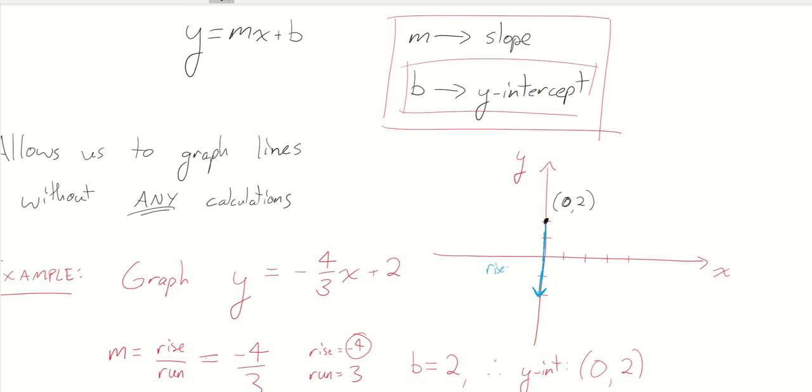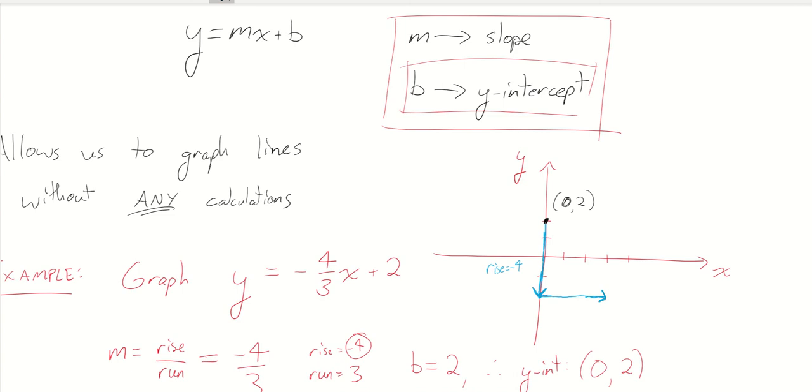Rise of -4. It won't take you this long when you're actually doing it because you won't be labeling everything as much as I'm labeling, and you won't be yapping as much as I'm yapping. I tend to talk probably too much. So the rise of -4, and what's the run? The run is 3. Once we've finished our rise, we can start the tail of our new arrow at the tip of the rise, and we will go to the right by 1, 2, 3.